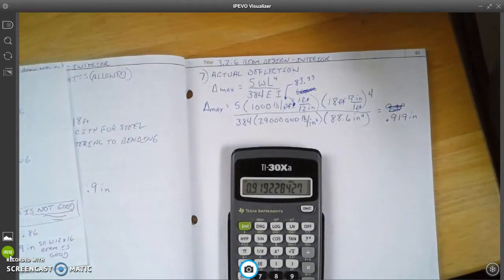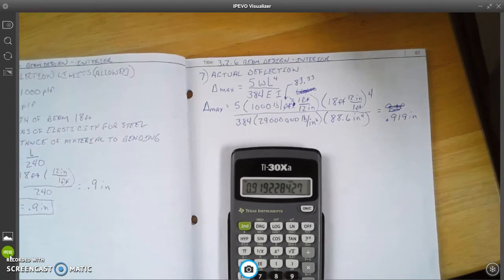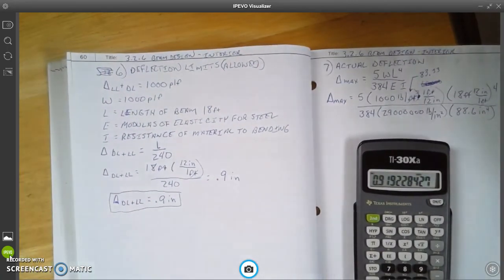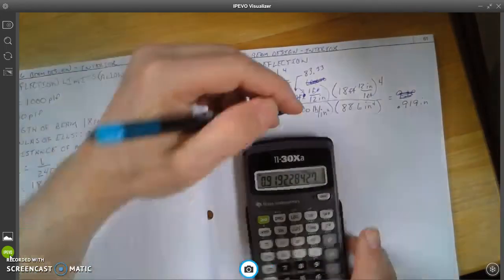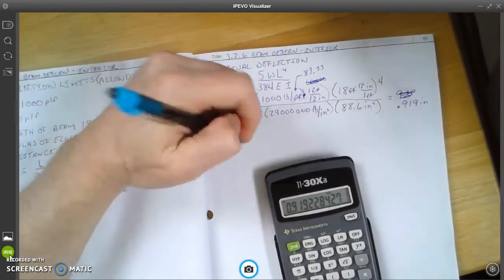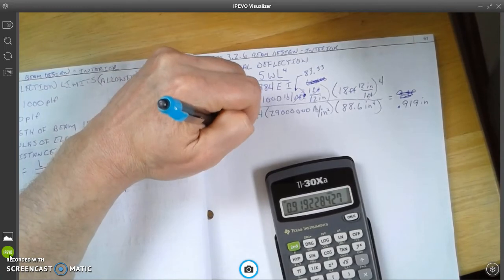So when we cancel everything out here, we get 0.919 inches. Now the problem is that that is greater than this 0.9. This is the delta max that we just calculated.